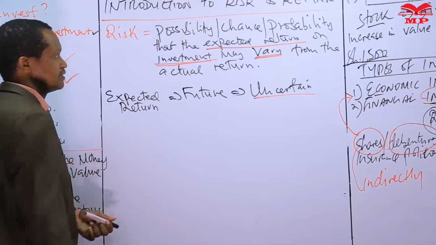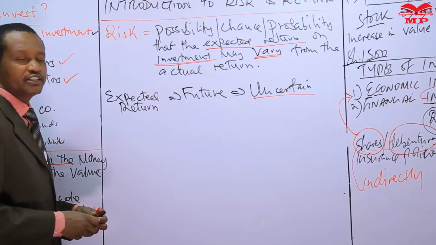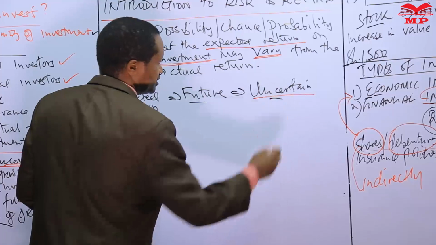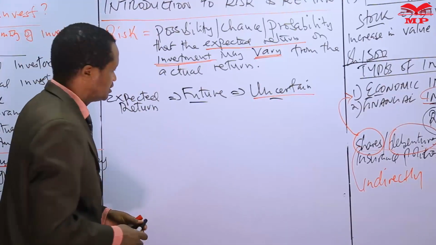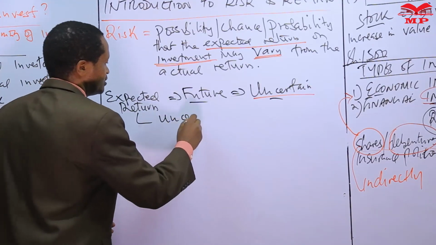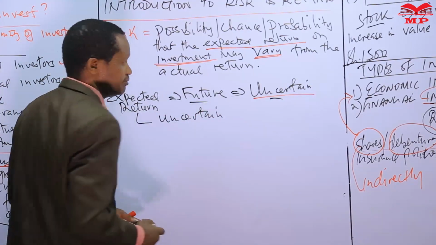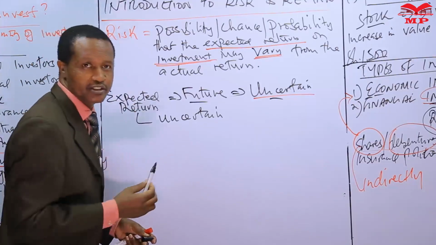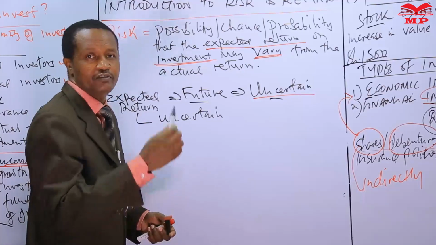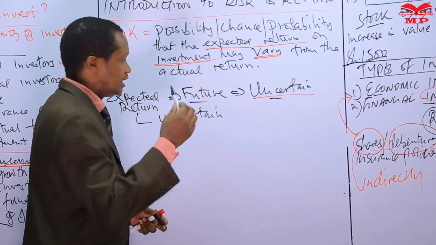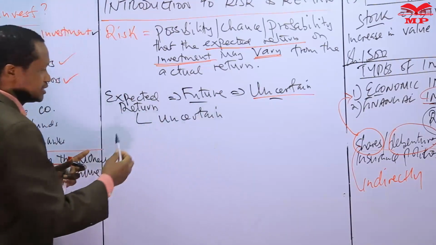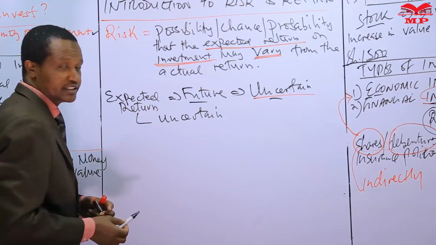Now, since the future is uncertain, there is possibility that the expected return will also be uncertain. Uncertain meaning there is a possibility that the expected return will vary from the actual return. The actual return may not be the same as the expected return.